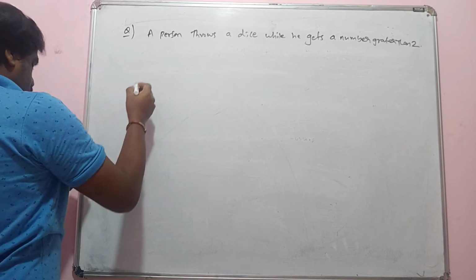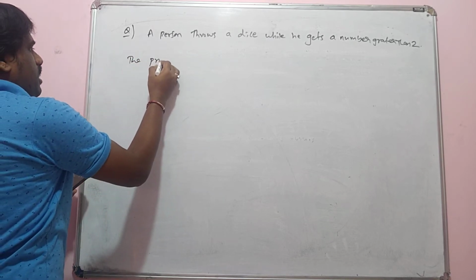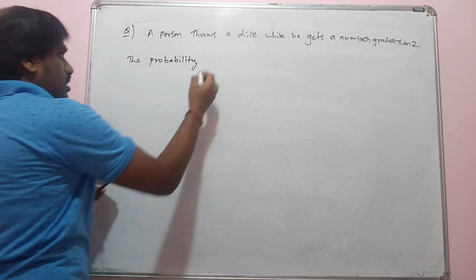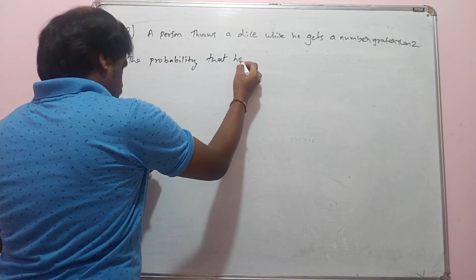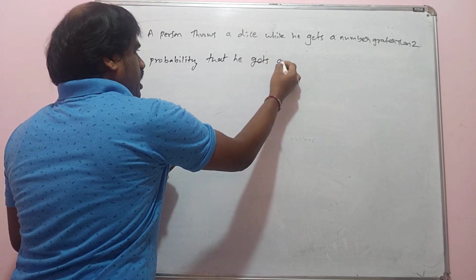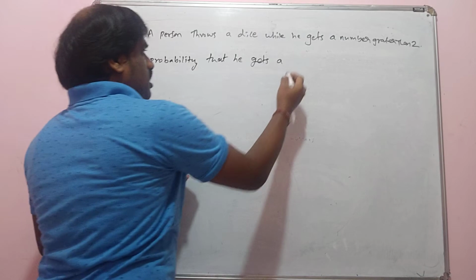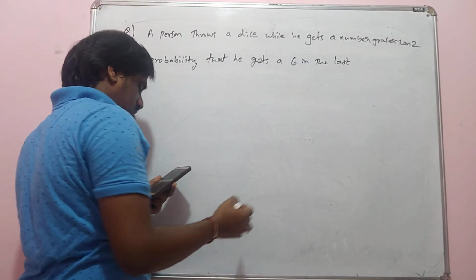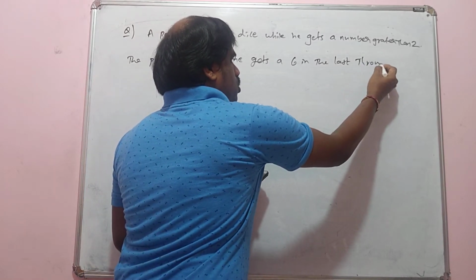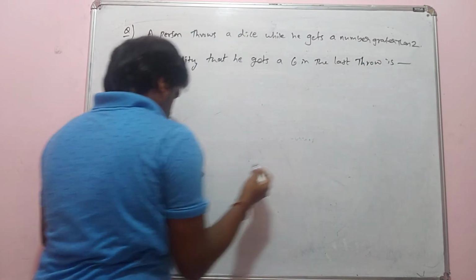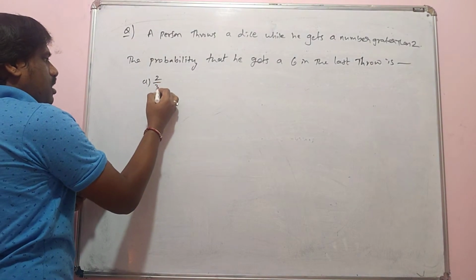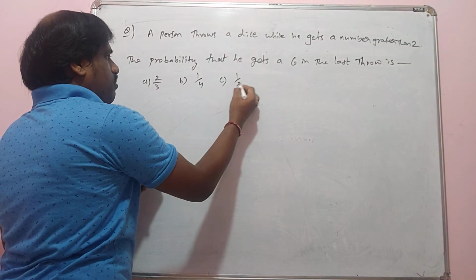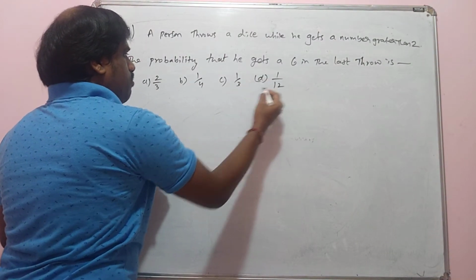Given that a person throws a die till he gets a number greater than 2, the probability that he gets a 6 in the last throw is dash. Option A is 2/3, option B is 1/4, option C is 1/3, option D is 1/12.